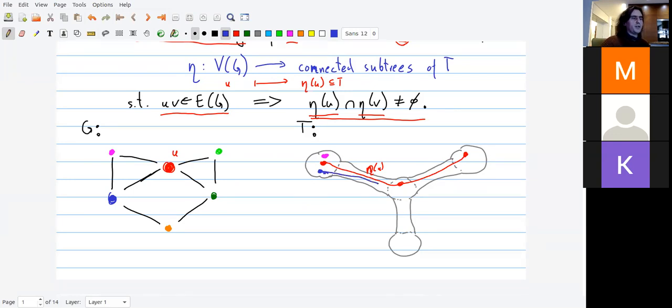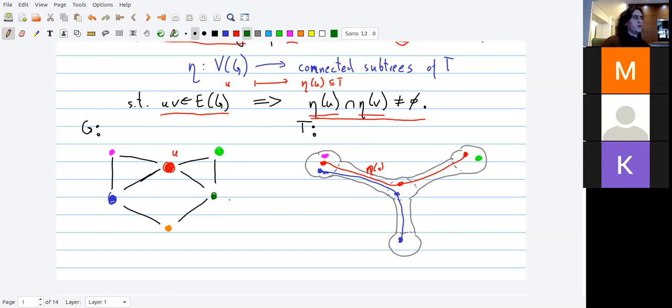So maybe I will embed it like that. The blue subtree corresponding to the blue vertex consists of these three nodes: the central one, and this one. Then the light green one, this one here on the top right, maybe I will do similarly to the purple one. I will just embed it into a single-node tree here.